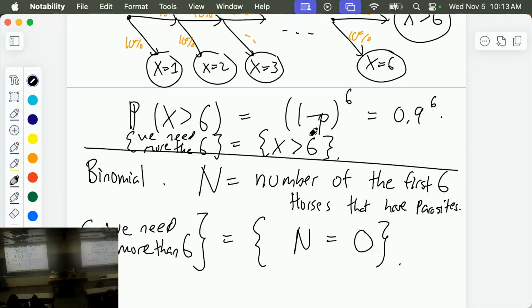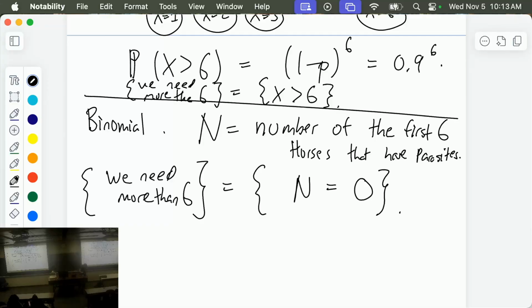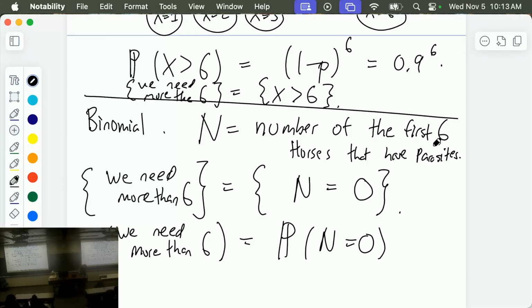Absolutely correct. Then the probability that we need more than 6 is the probability that N equals 0. And you recognize N is binomial, with parameters 6 and 0.1. Then you can write down the probability that a binomial is 0.